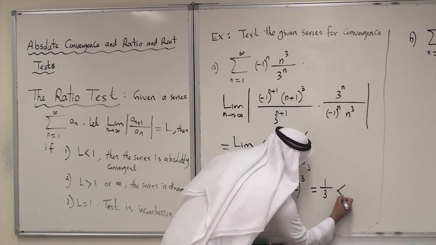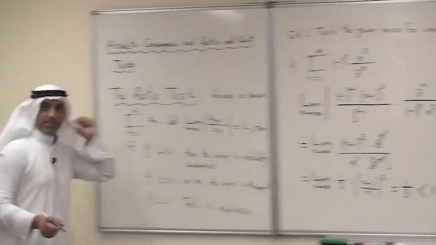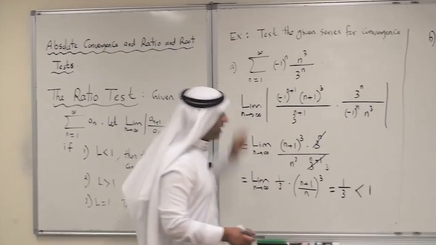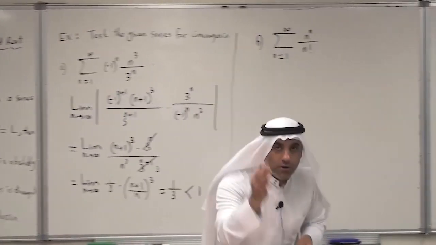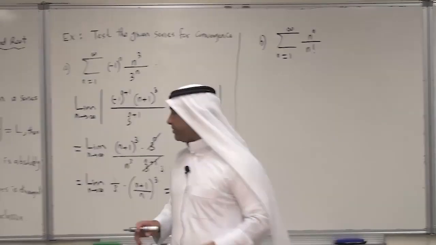Now, since this is less than 1, what can you say about the series? The ratio test says this series is absolutely convergent. So it is convergent, absolutely, actually.